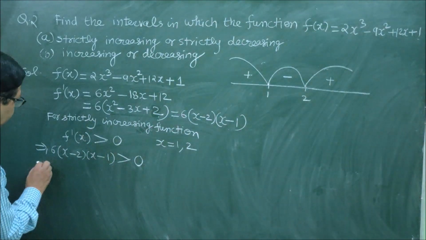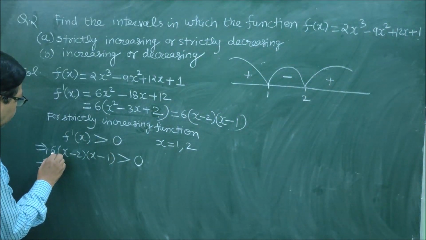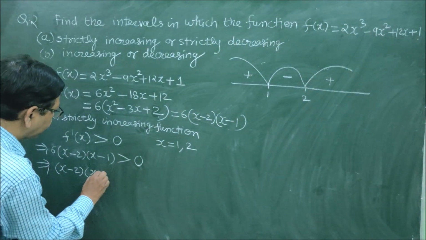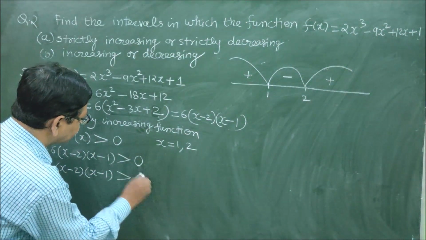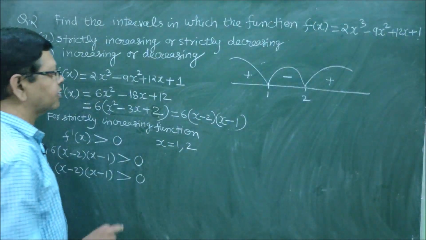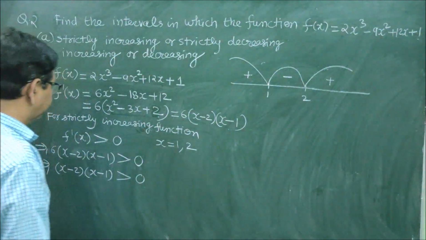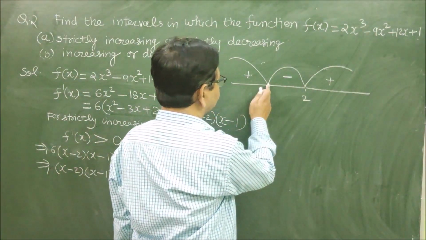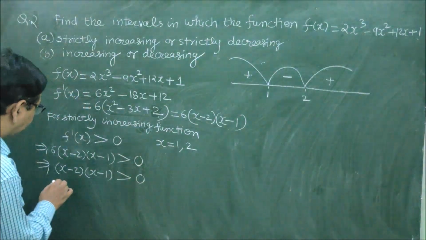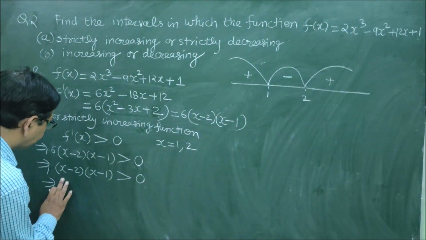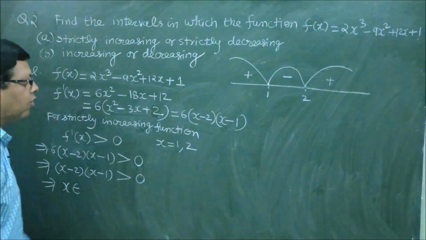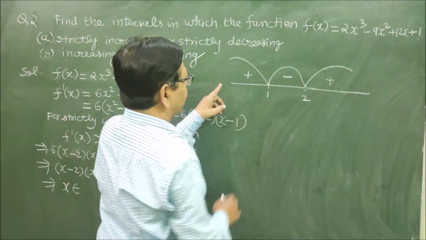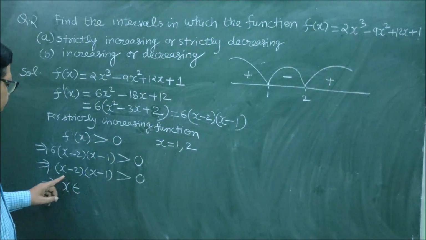quadratic inequality. Now, because this is positive here, we can write the inequality x minus 2, x minus 1 should be greater than 0. And the sign of this inequality is positive when we are on the right side of 2 and left side of 1. That is, when x belongs to the interval on the left side of 1, it is positive. This gives the sign of x minus 2 into x minus 1.